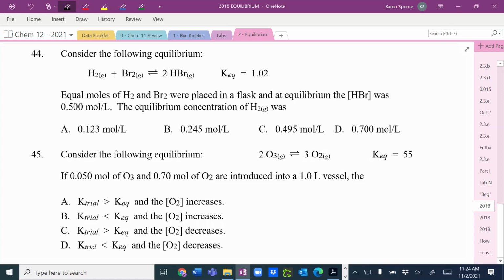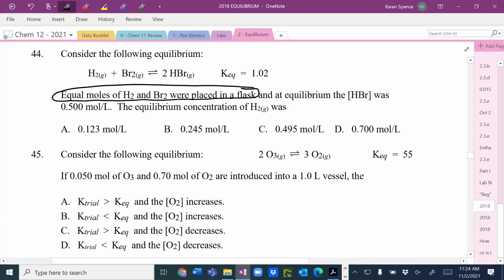Okay, so for number 44, we have equal moles of H2 and Br2 were placed in a flask. And at equilibrium, we know that the HBr was 0.5 moles per liter.